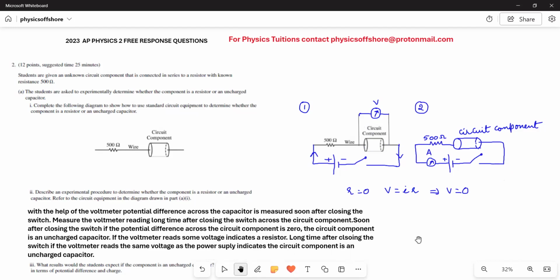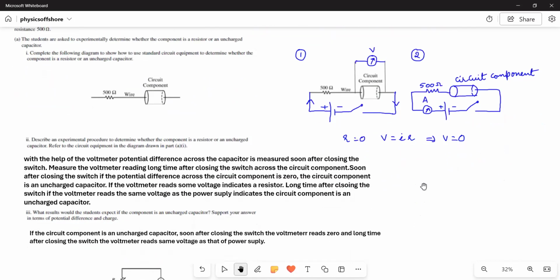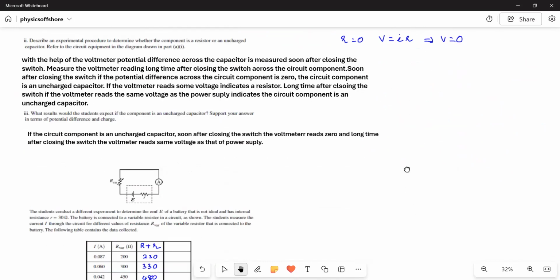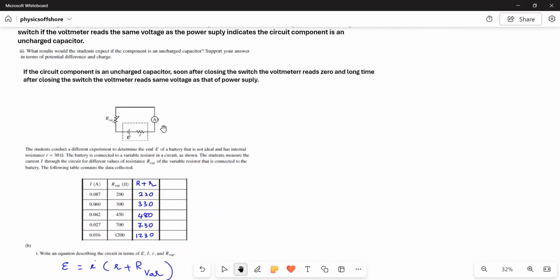Okay. Now we will go to the next bit. This is another experiment the students are conducting, wherein you have a variable resistor and the internal resistance. So the battery has some internal resistance. The ammeter is also connected. The circuit diagram is given to us, and they collected some data.